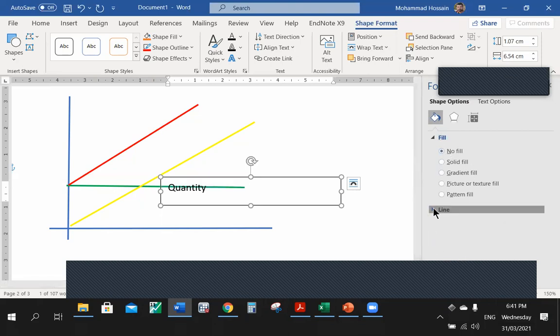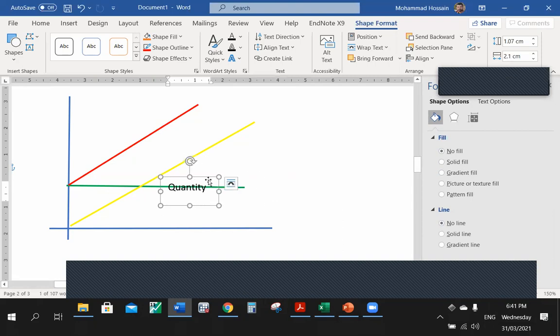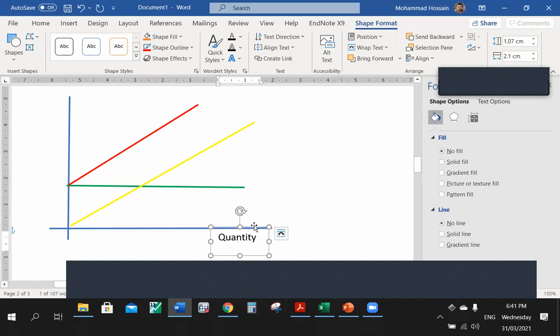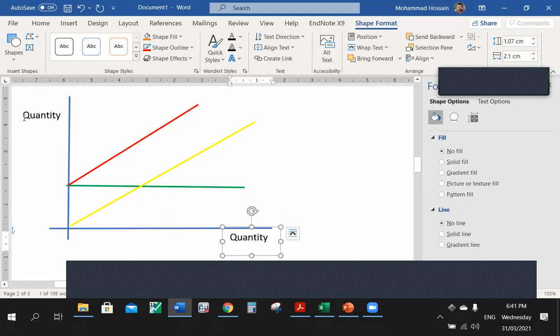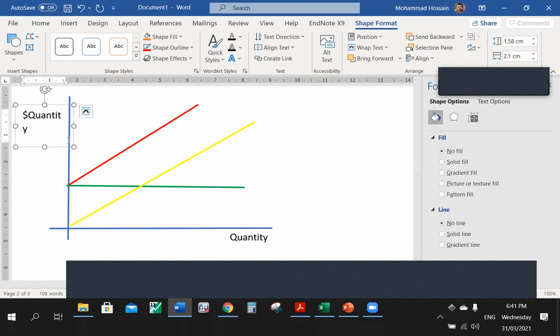No fill, no line. That's the quantity. These are normally you say the output. This one, copy it actually. Here you say this as dollar sign cost.